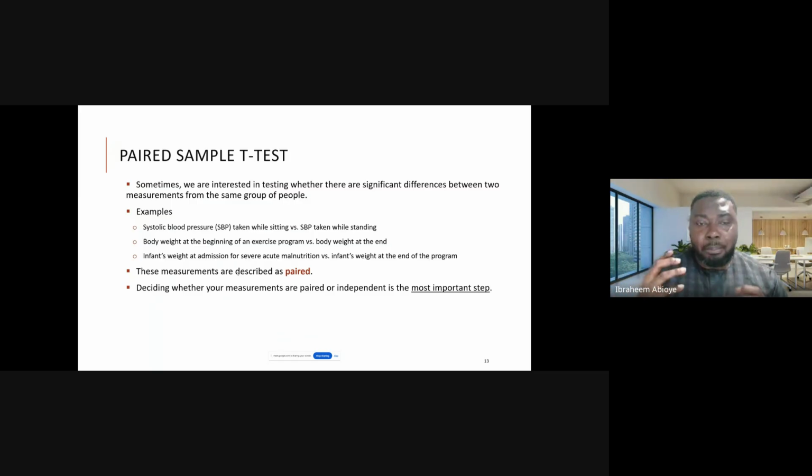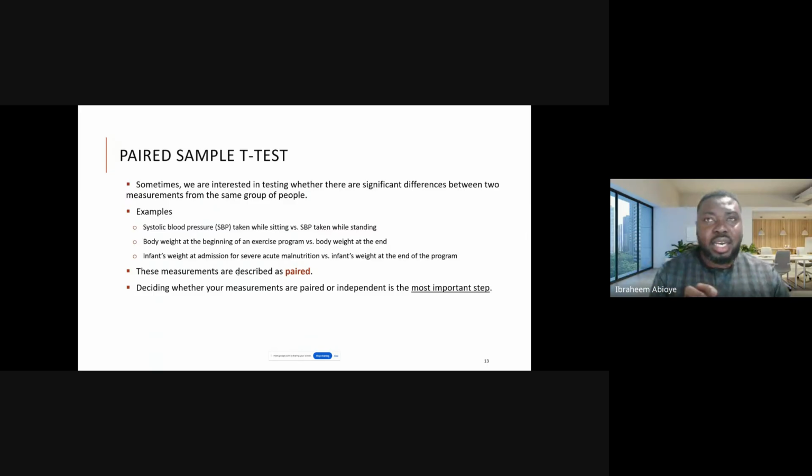You could make a good guess and say, if this exercise program is very effective, maybe their body weight is going to be 90 kilograms, right? So you can make a guess about the person's weight at the end based on what you know about the person's weight in the beginning. This is what makes the measure paired.